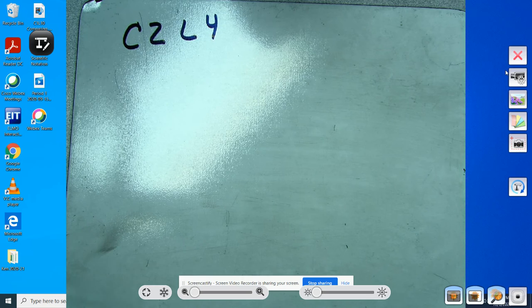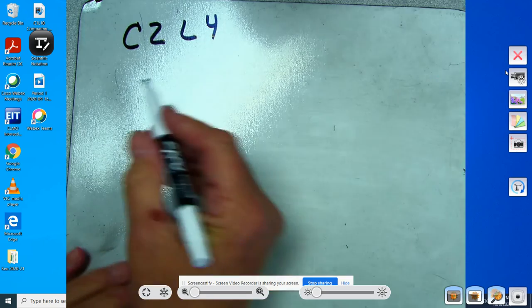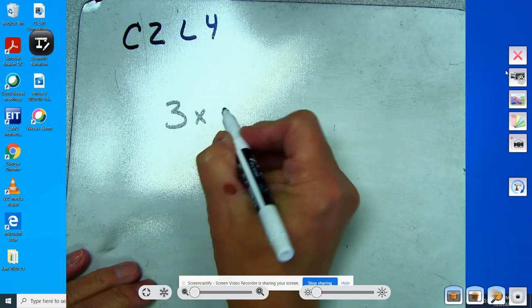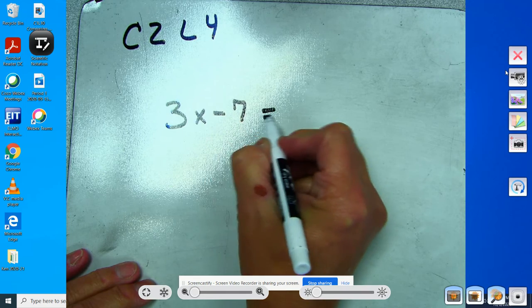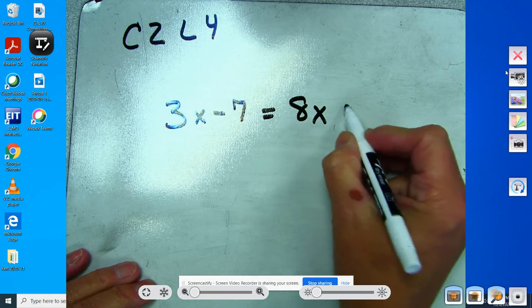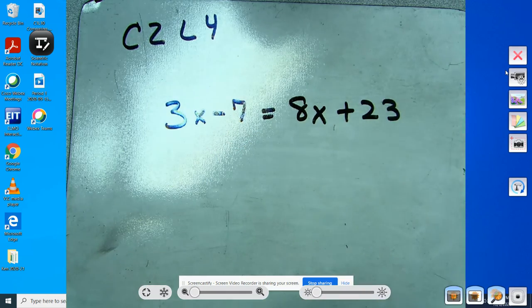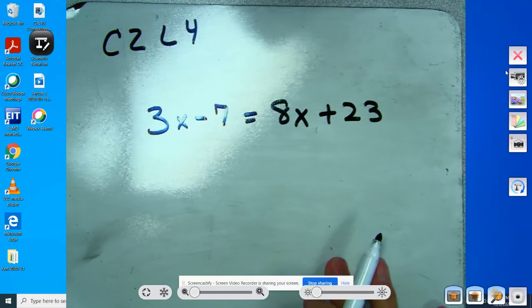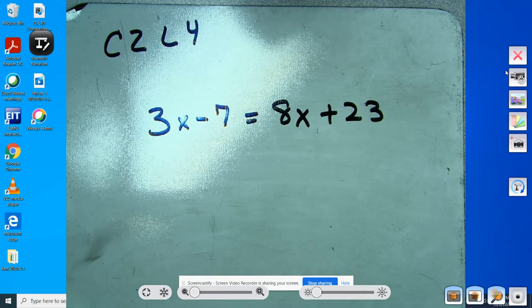What if you have variables and constants on both sides? So if you had a problem that looked like this. Okay, so now we're going to do what I call the 2-for-1 special. We are going to move everything at once. Everybody has a friend.